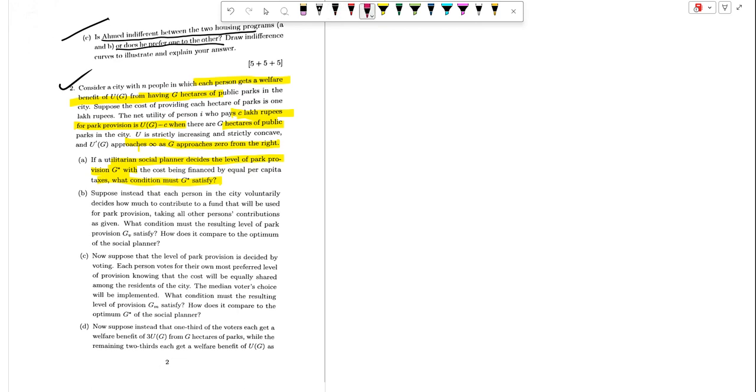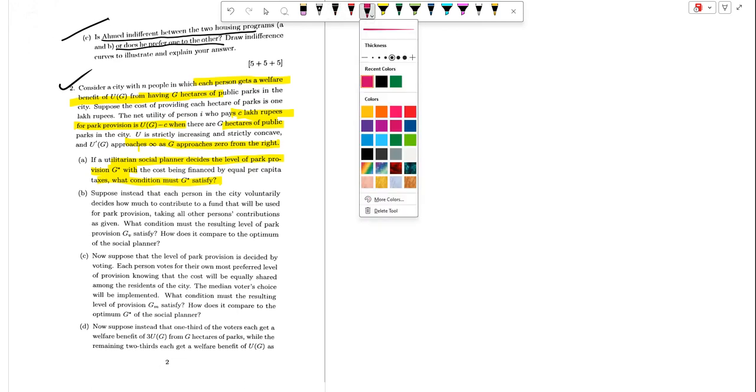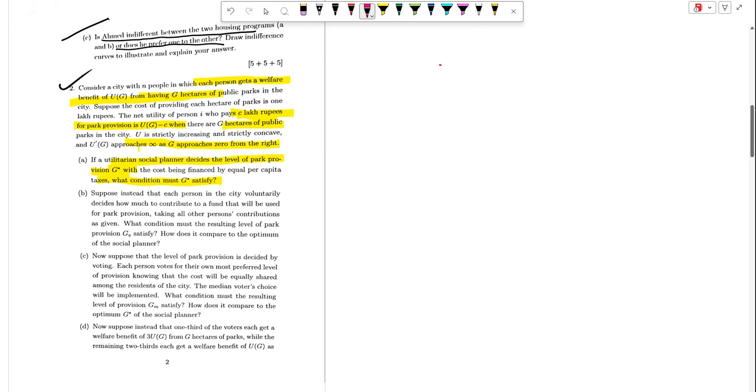Okay, very nicely put question. So let's give it a try. Each person's net utility is U(G) minus G by N. Each person pays G by N lakh rupees in total.